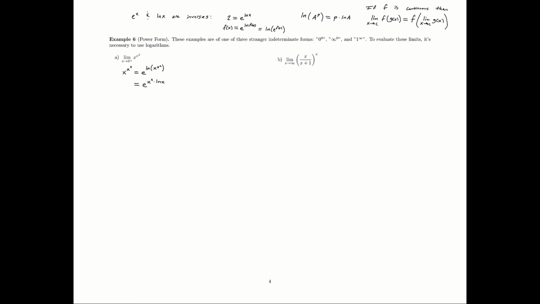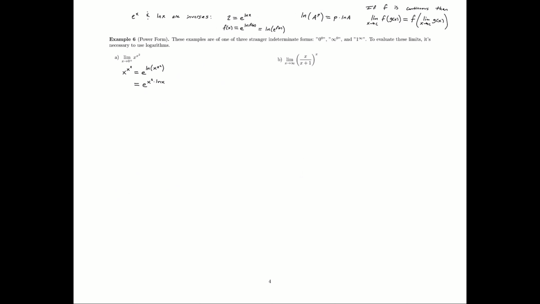Notice down here that that's exactly what we have. We have e to the x as our outside function, our f of x, and our inside function here would just be x squared ln x. So we know that e is continuous.